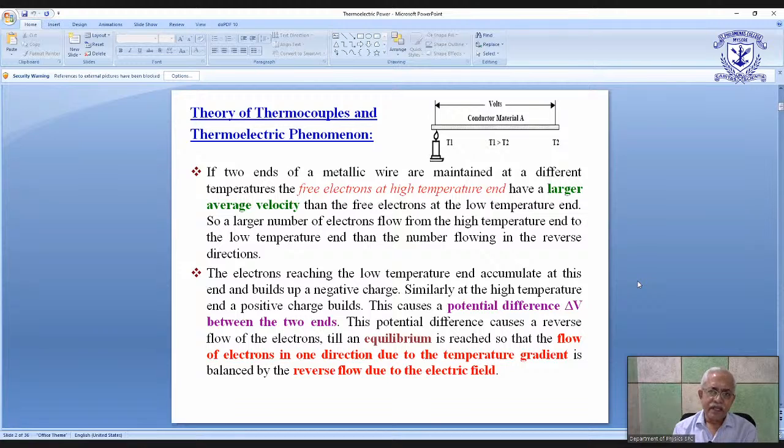Okay. Now, gradients can be of many types. You can have a concentration gradient. You can have a density gradient. And in this case, you have an energy gradient or a temperature gradient. Whenever you have a material at a certain temperature, then you can compute the average energy of the free particles in that medium by multiplying it by the Boltzmann constant, as I mentioned yesterday.